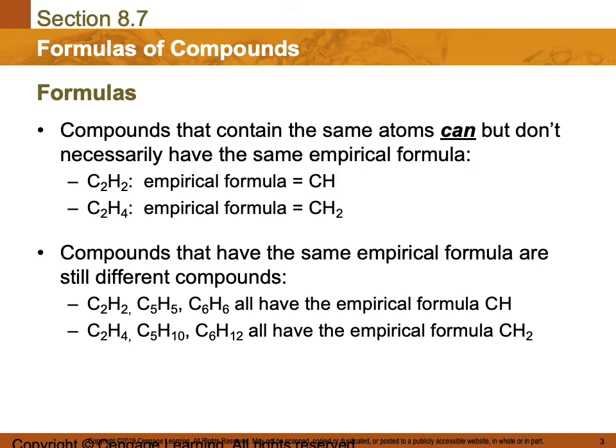So even though the two compounds have the same 2 atoms in them, they don't have the same ratio of the atoms. And empirical formula can tell you a lot about the family of the compound. We're not going to get into that, but it's very useful when working with compounds that have carbons and hydrogens or carbons and hydrogens and oxygens. In the second example, we see 2 sets of compounds where each set shares the empirical formula.